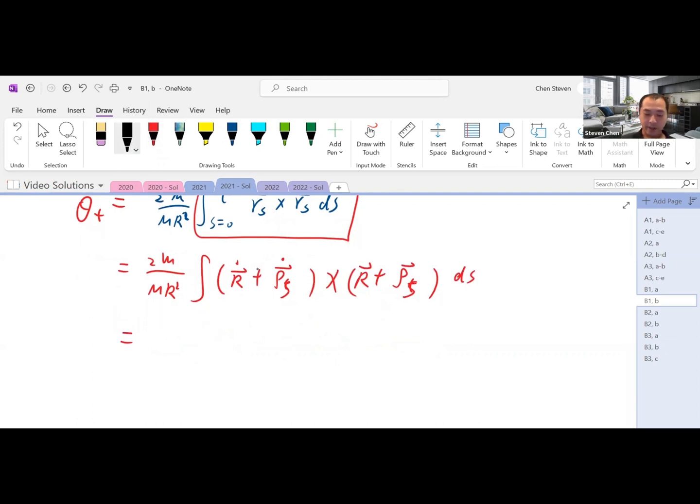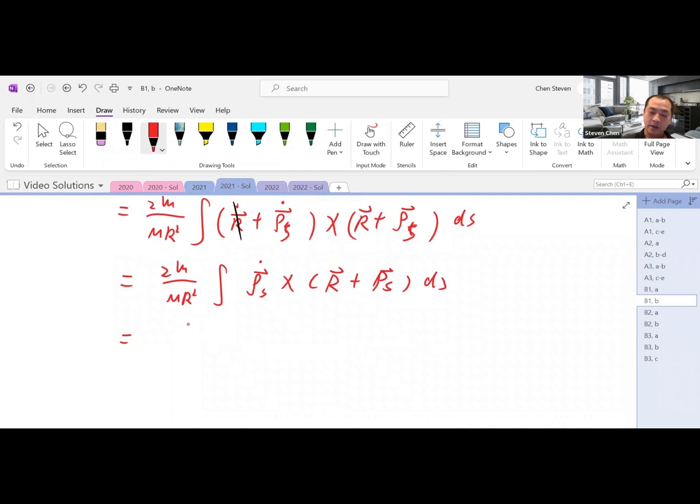Actually, this is very easy because capital R never changes, so its dot is just 0, right? So the above integral can be simplified as this one. And for this, recall that we have two terms in the parentheses. So let me separate them and take the integrals for each term respectively.